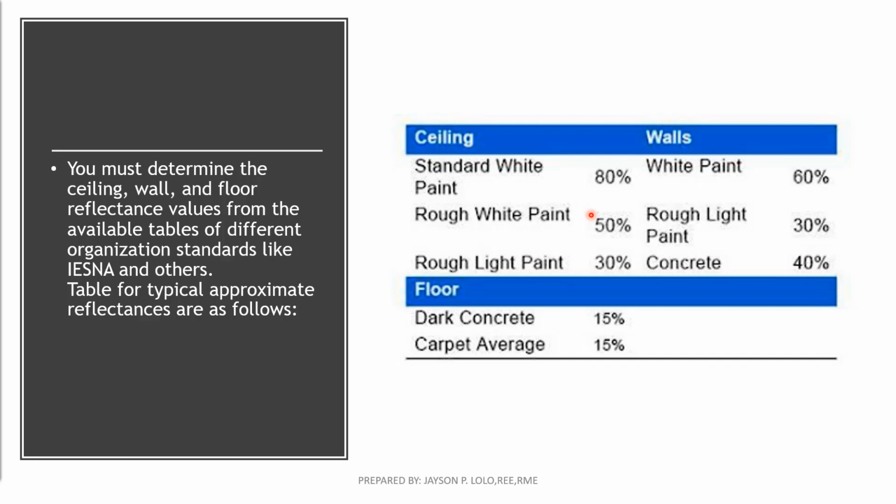Remember, they are one of the factors in distributing the light in your space. Now, if you are using white paint on the wall, we have 60%. Then rough light paint, 30%. And concrete is 40%. Then floor, if you are using dark concrete, it's only 15%, and carpet, average.